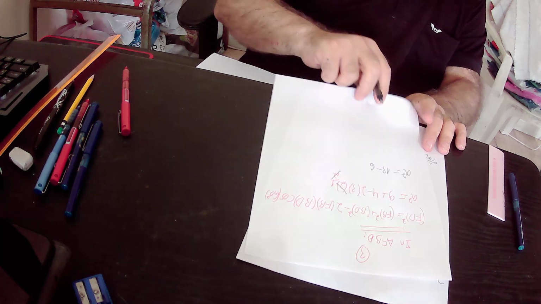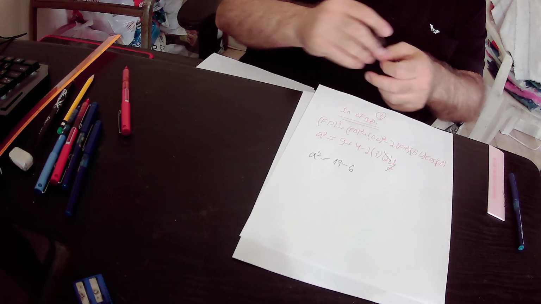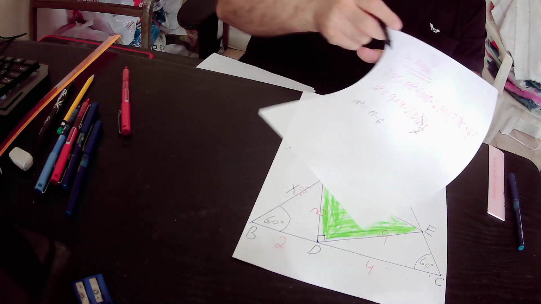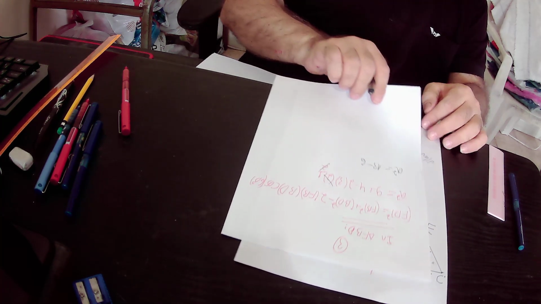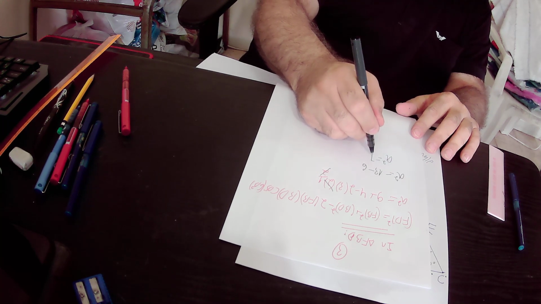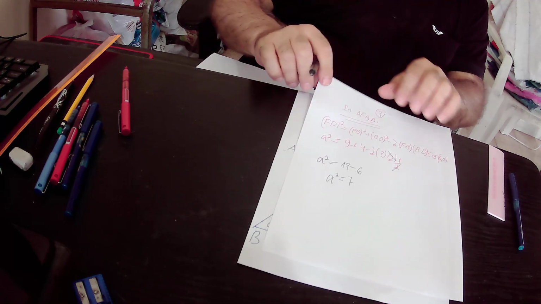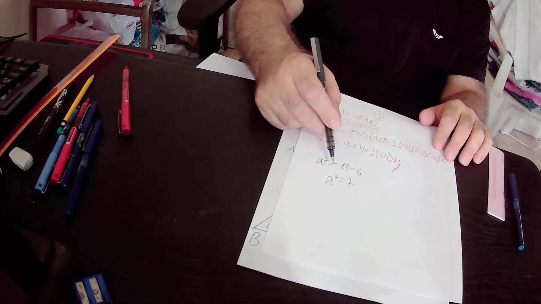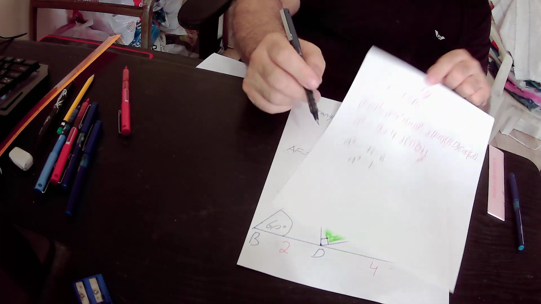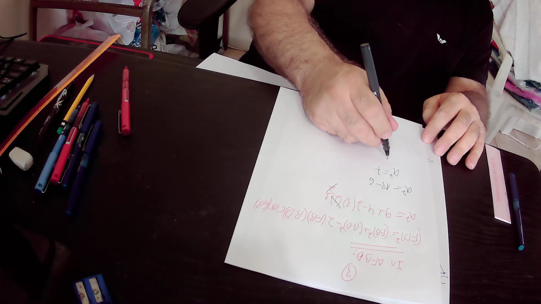So we have here that A square equals 13 minus 6. 13 minus 6 is 7. So we got that A square equals 7. Now we will take a root out of this equality, and we will get that A equals root 7 units.